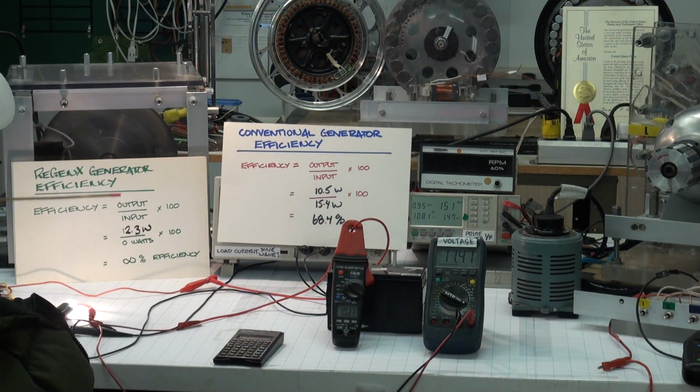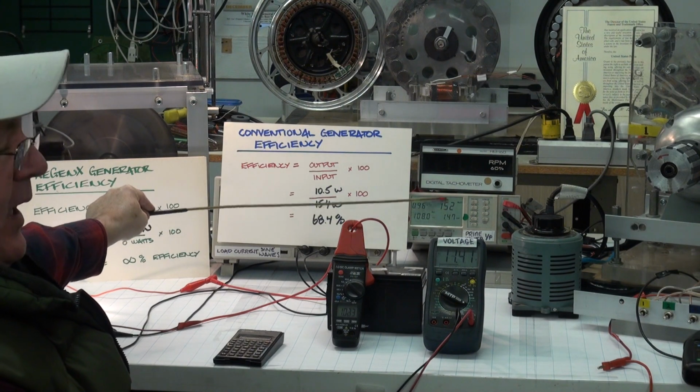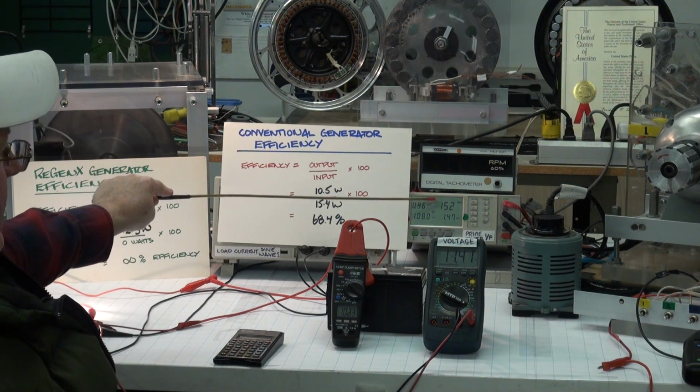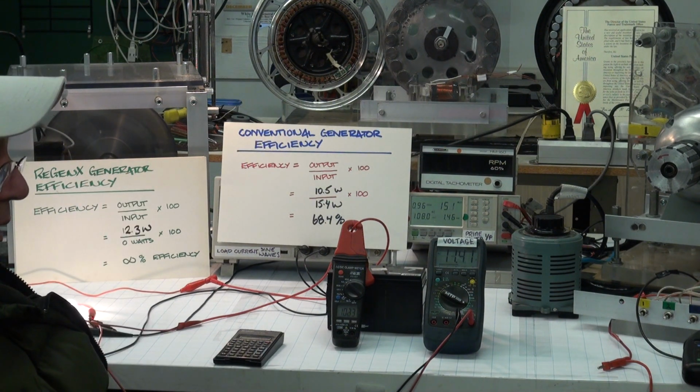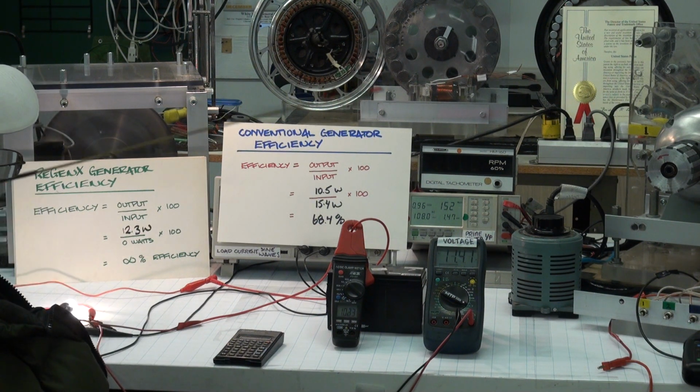With the ReGenX generator, we're delivering 12.3 watts to the load with no increase in the prime mover input consumption, meaning no increase in the mechanical power in the drive shaft.